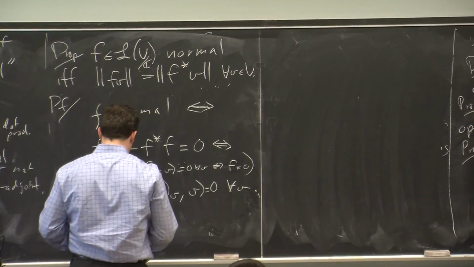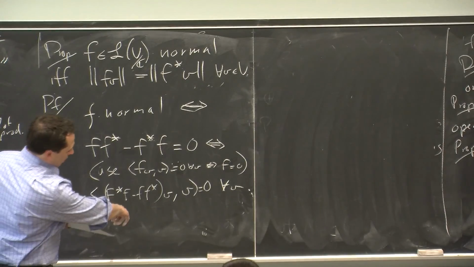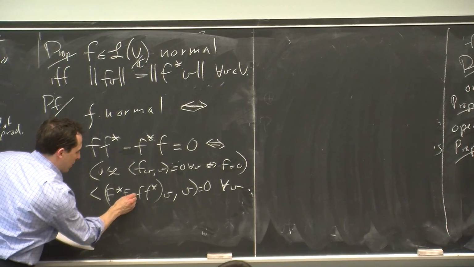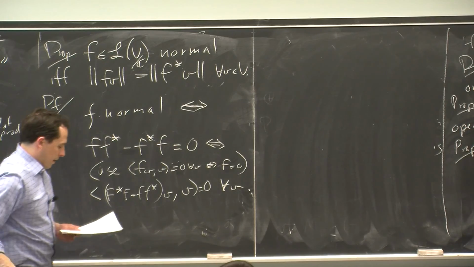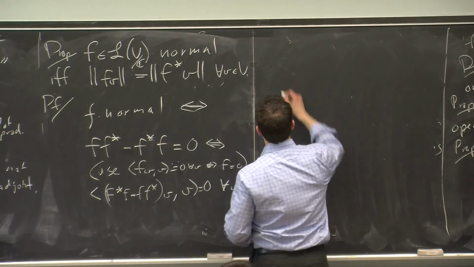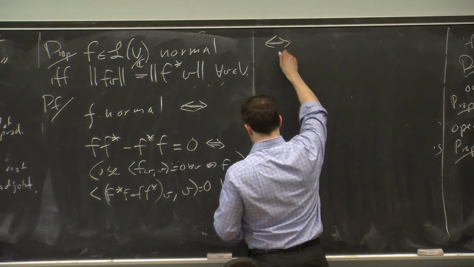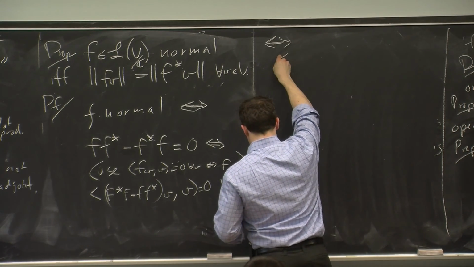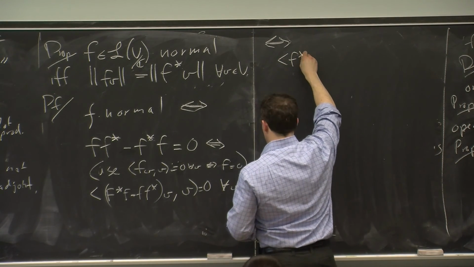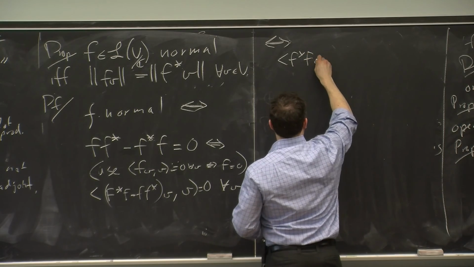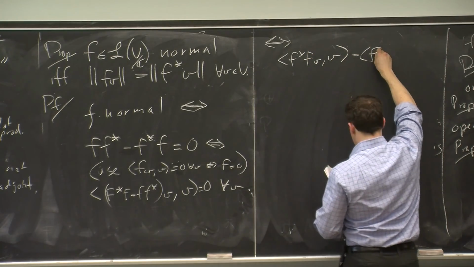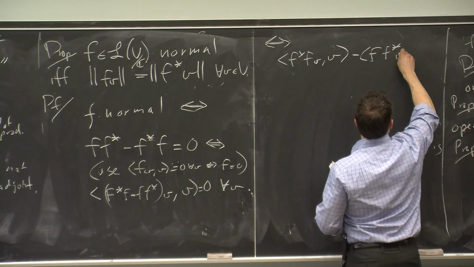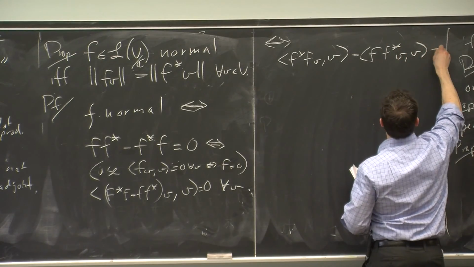And let's continue. So we have now an inner product with some subtraction going on inside. So we'd like to break that out by linearity. Well, that's true if and only if F star F of v minus F star of v equals 0.